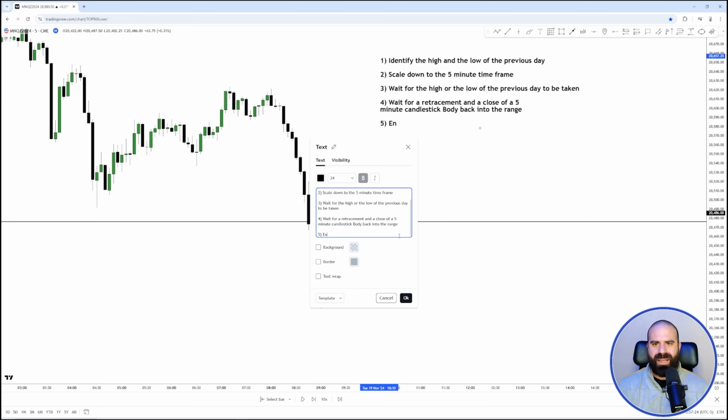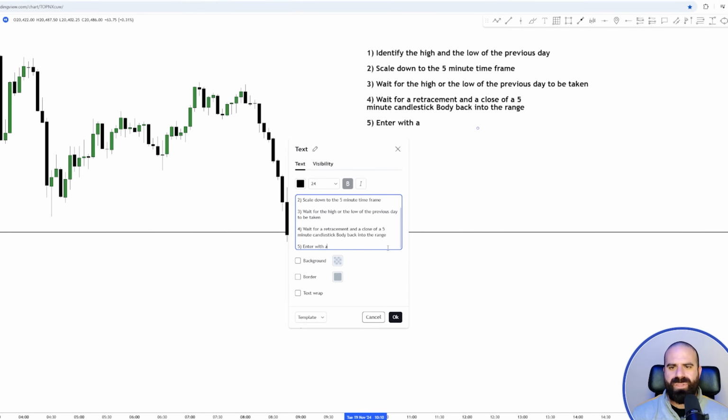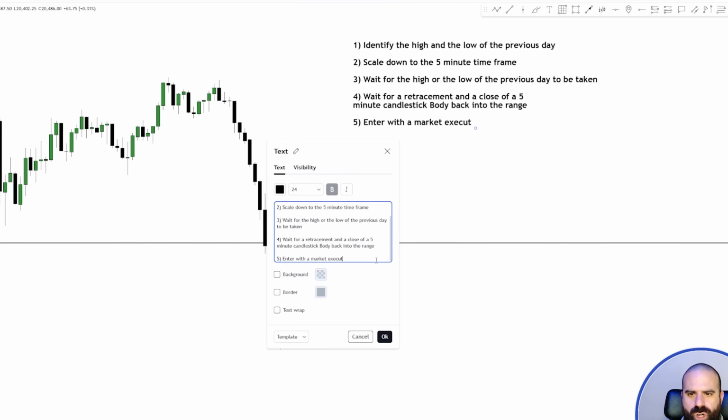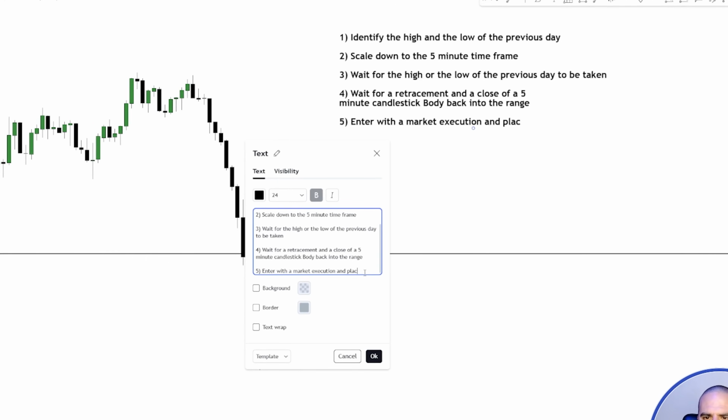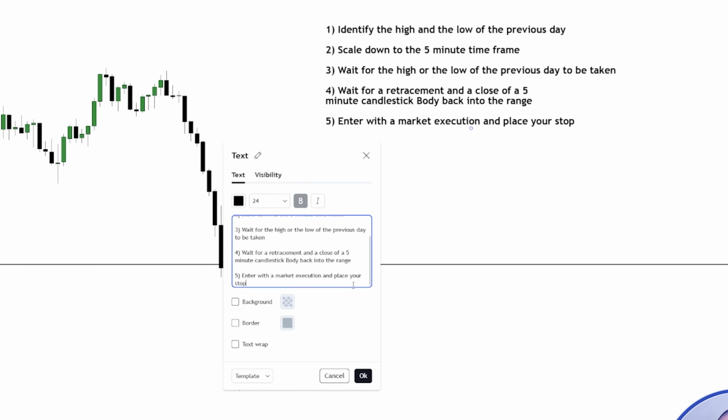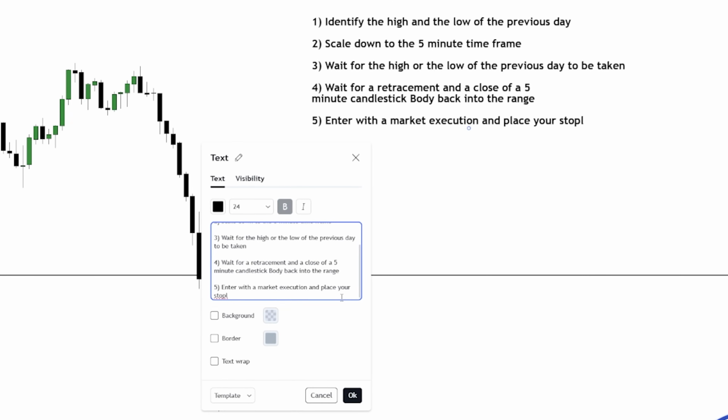Number 5, enter with a market execution and place your stop loss. I'm gonna show lots of examples.